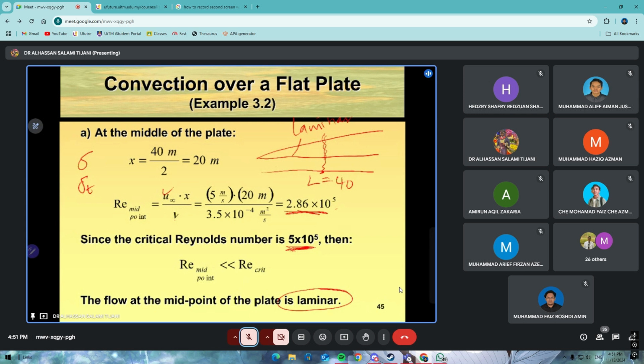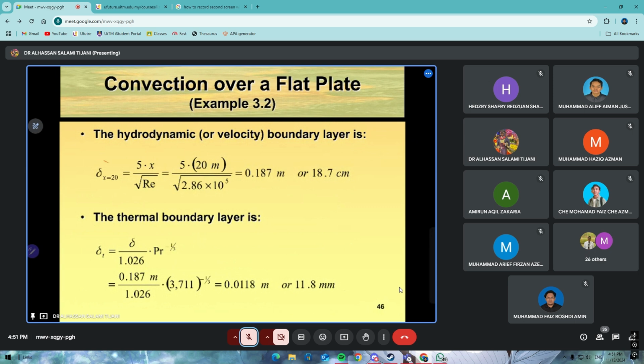Based on this laminar flow, we are going to use the appropriate equation for the velocity boundary layer, which is given by this. So 5 times 20 divided by square root of the Reynolds number, and that gives us 18.7 centimeters. And the thermal boundary layer is also given by this equation. If you substitute the velocity boundary layer here and the Prandtl number, then you get the thermal boundary layer to be this.